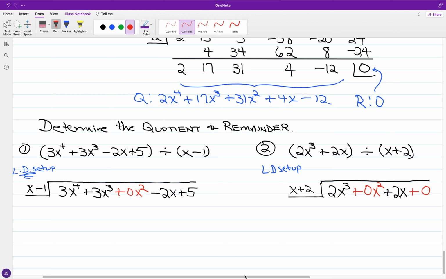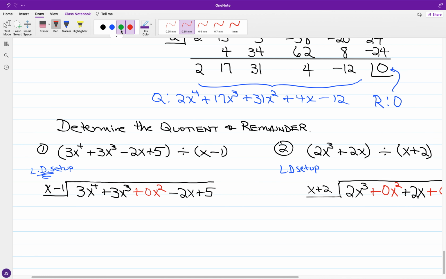All right. Now, for the first problem, putting it in terms of synthetic division. Again, we have x minus 1 as the divisor, and the corresponding 0. Then we have it at 1.